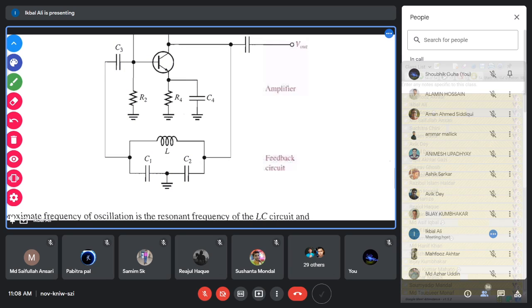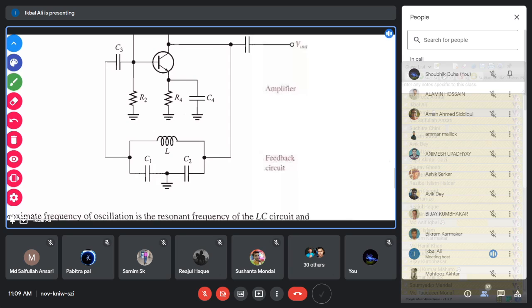So this is the problem of this circuit, and that is why the frequency will not be stable. This junction capacitance is not of a definite value. It depends on the operating point of the transistor, the Q point, and on other electrical parameters. So the junction capacitance of the transistor can change. That is why the frequency output of this oscillator is not stable.